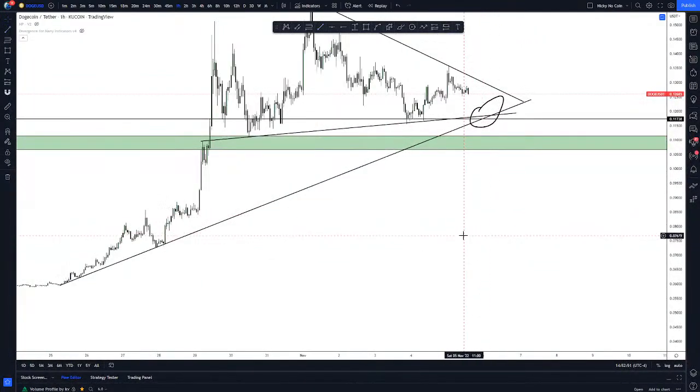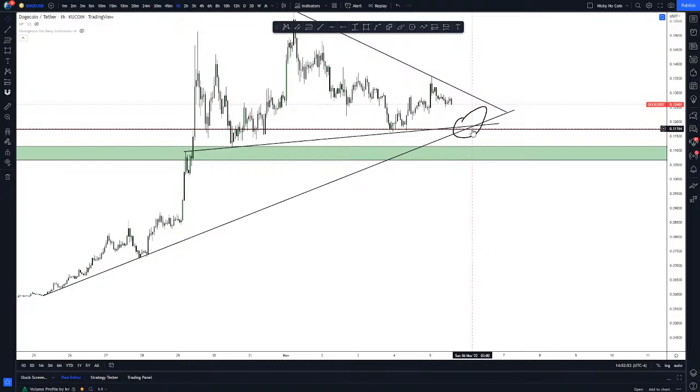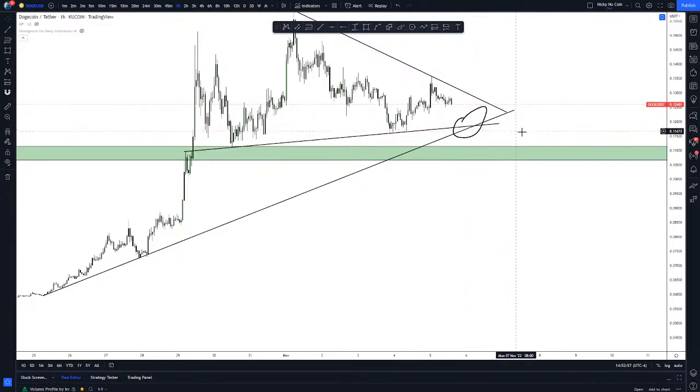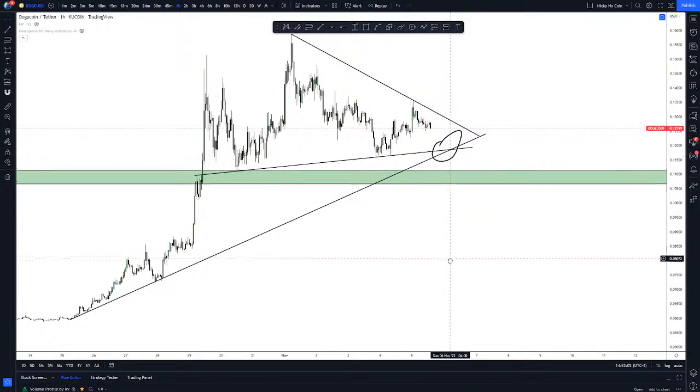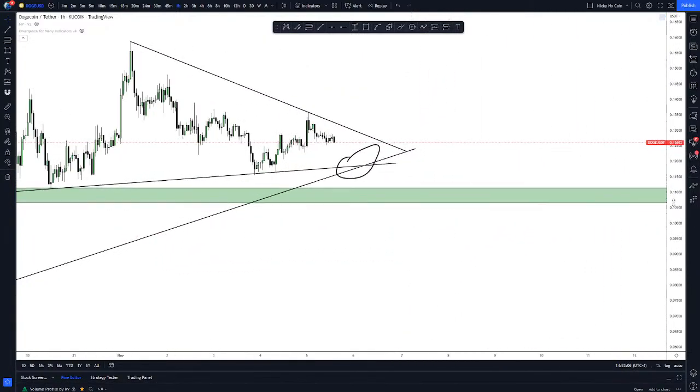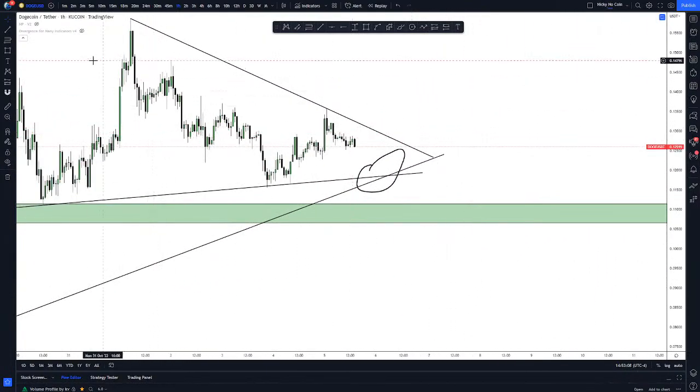Alright, so we got two trend lines now, and they both pretty much line up right here. So maybe we get a touch of the 1.118, 119 on Solana. Let's see here.